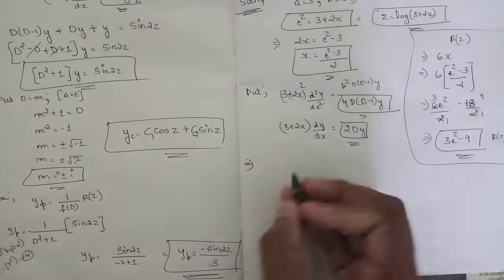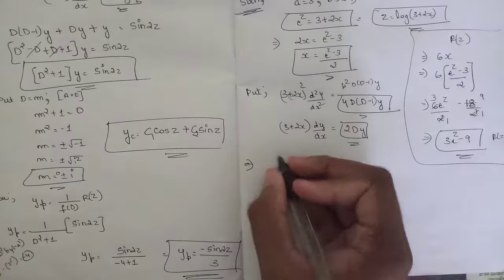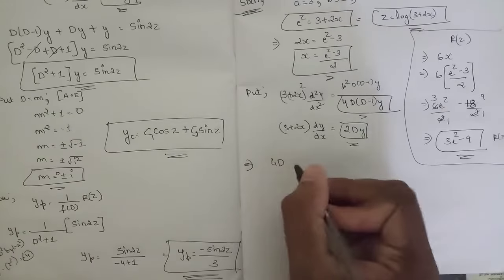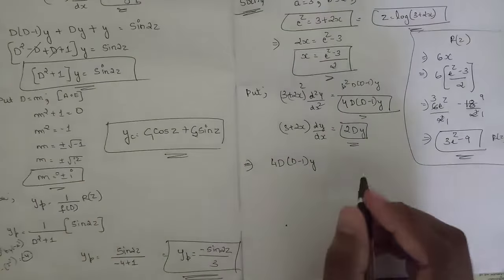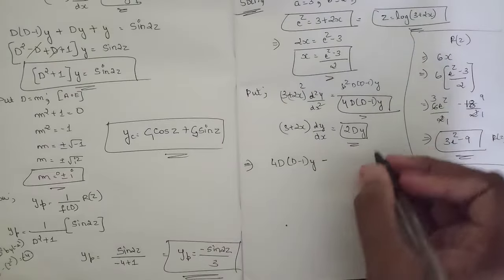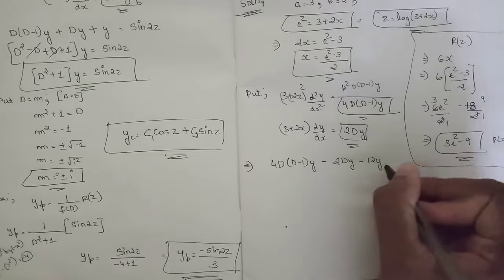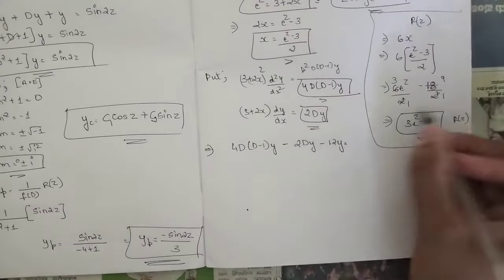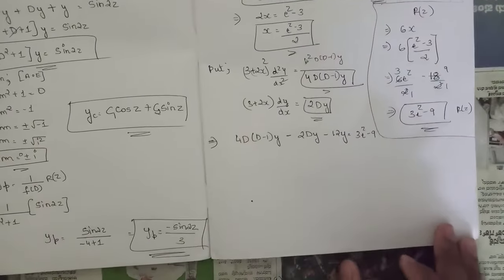Now let's put this in the equation. The first term, (2x + 3)² d²y/dx², is directly written as 4D(D − 1)y, minus (2x + 3) dy/dx, that is 2Dy, minus 12y is equal to the solved r(z) term, 3e^z − 9.